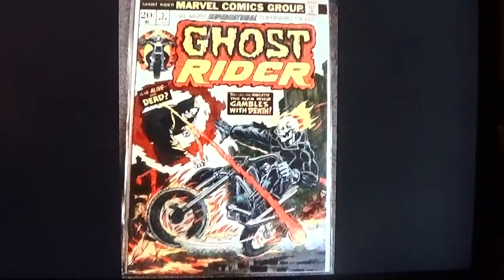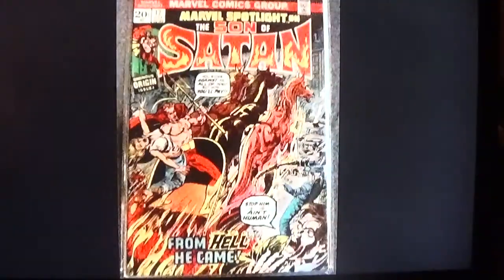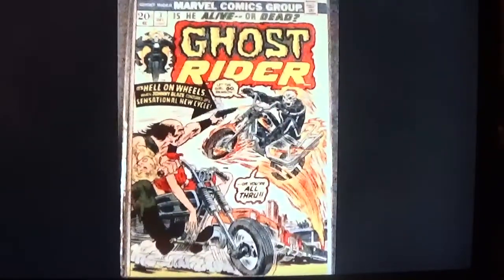Now, there are two villains to note in the series that are, besides the devil, really standouts. One is the Orb. You can basically say the Orb is Ghost Rider's first series main villain. He has the most appearances of any other villain, and he's there consistently through the run up until issue 81.